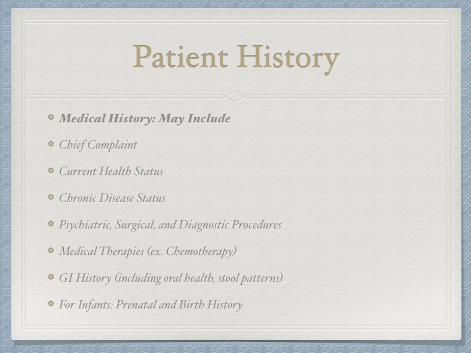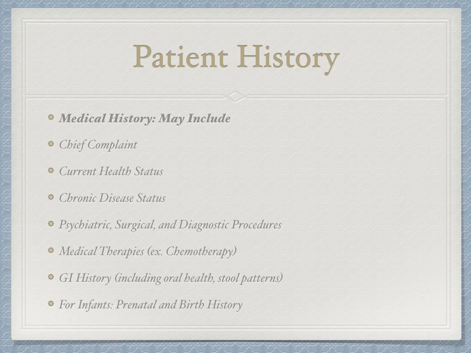The next is, what is their chronic disease status? Is this a child with relatively little past medical history, or is it a child with a lot of past medical history? This often has a major effect on their nutritional status. Another factor to look at is the psychiatric, surgical, and diagnostic procedures the patient may have received.